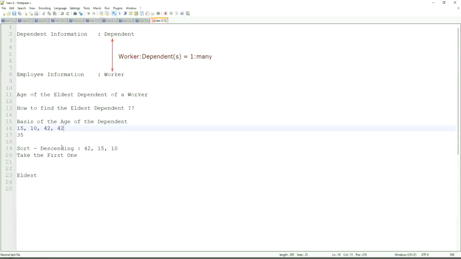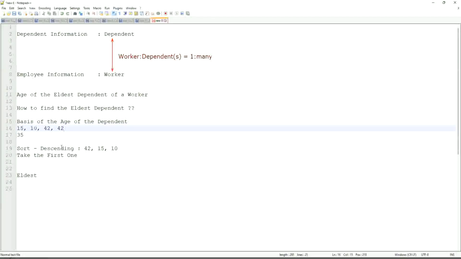But then we have to find out, is there any other way of matching or having a tiebreak? If there's a tie, how to break the tie? Then we have to think of some other logic, of course. Is it based on the name or maybe the relationship?